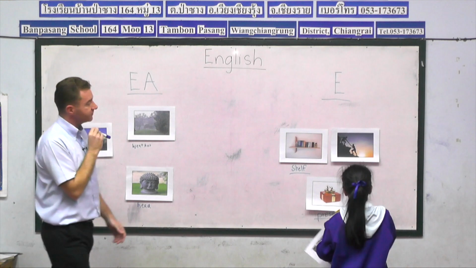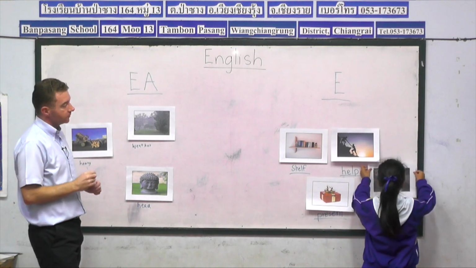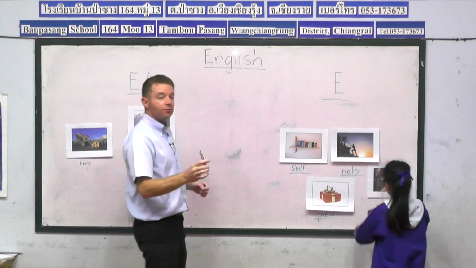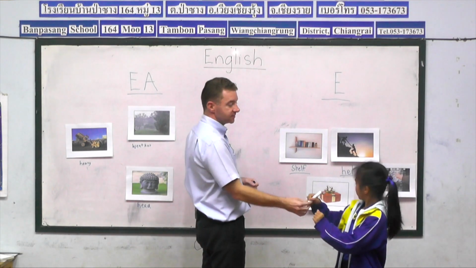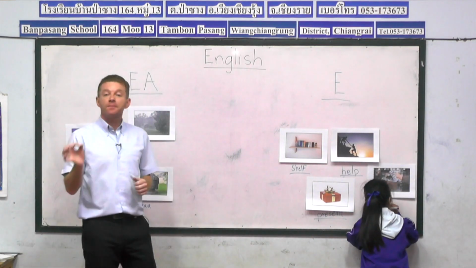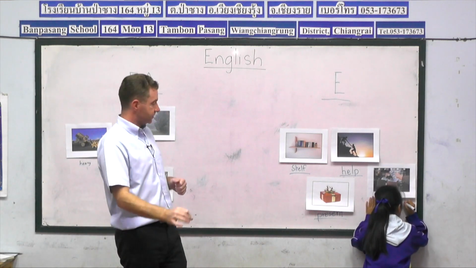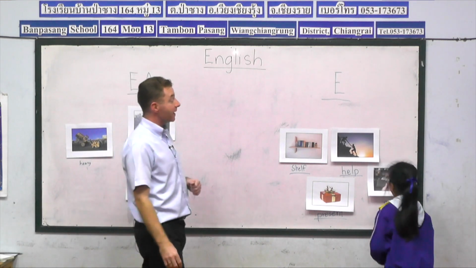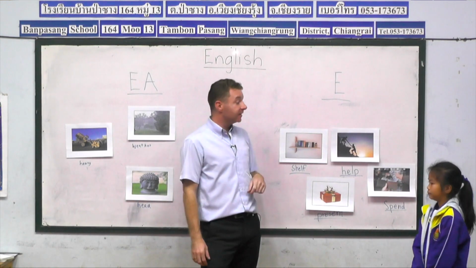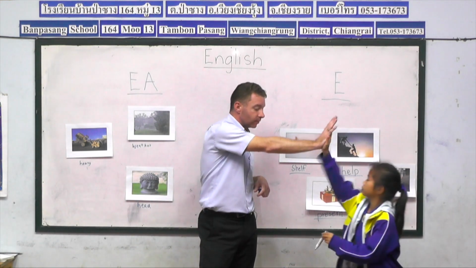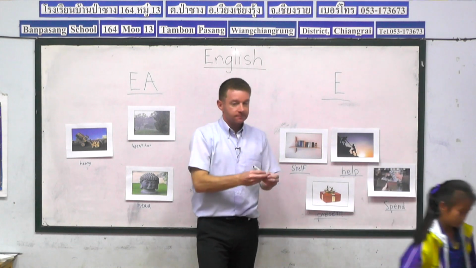So Prow can place it on the correct part of the board. But how do we spell spend, guys? S-P-E-N-D. Excellent. Spend with the E spelling. Prow, that was brilliant. Big round of applause for Prow, please, guys.